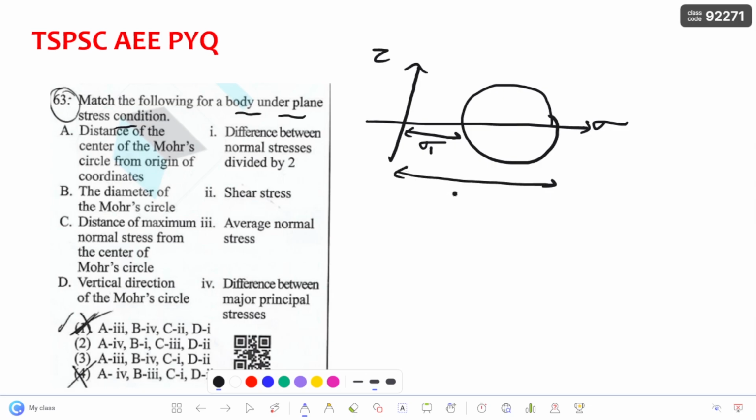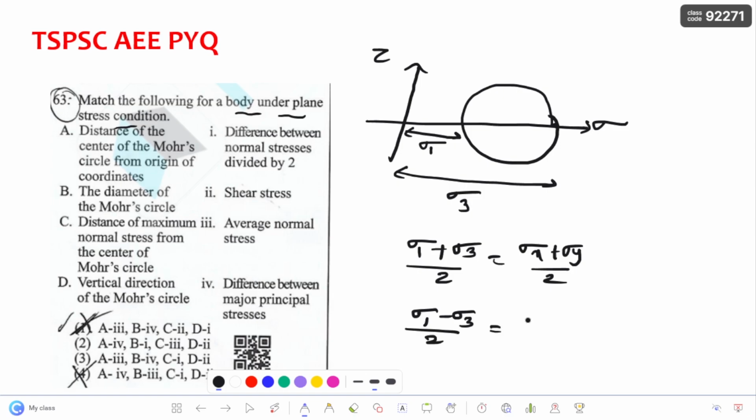This is the major principal stress, that is sigma 3. You all know that (sigma 1 plus sigma 3) by 2 is equal to (sigma x plus sigma y) by 2. And also (sigma 1 minus sigma 3) by 2 is equal to (sigma x minus sigma y) by 2.